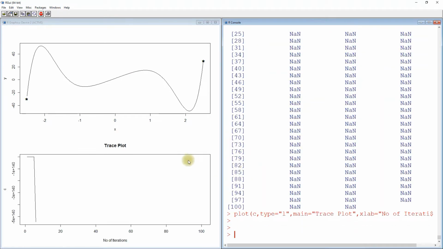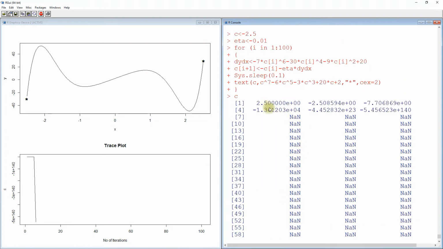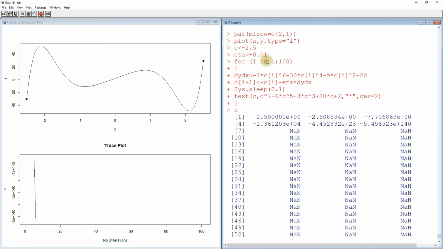So you see that there is a big problem here. When I put 2.5, look at what has happened: the weights have been updated in the beginning, but then it stopped updating. Why is it so? It's probably the case because the value of eta is too large. Maybe I need to rerun that line of code with a smaller value of eta.